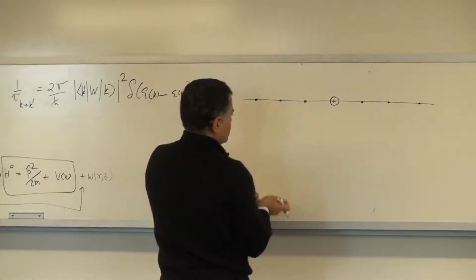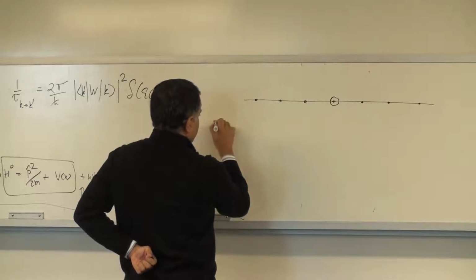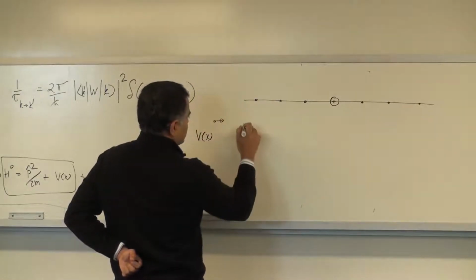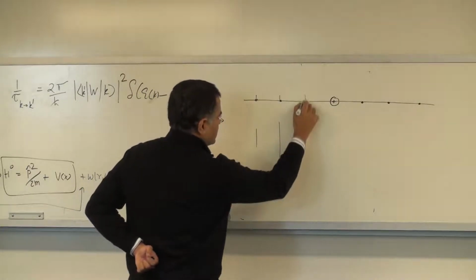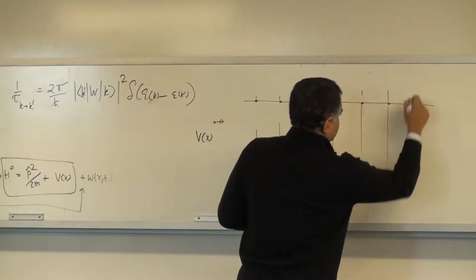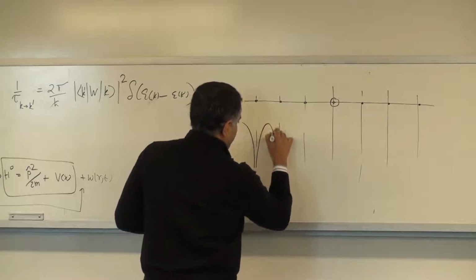That's a phosphorus atom, with an extra electron. So the potential that the electron will see, the full-blown potential V of x, is that if you go close to the nucleus, the potential drops, something like that, and then comes back up, right?